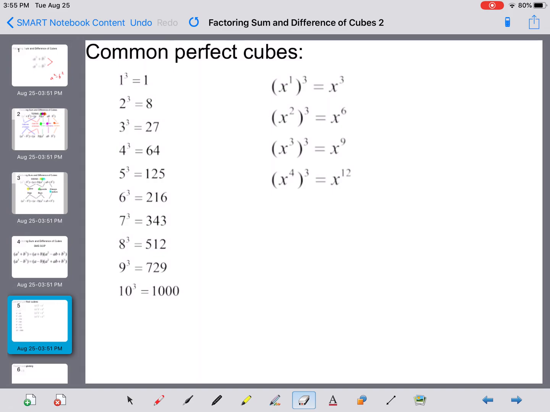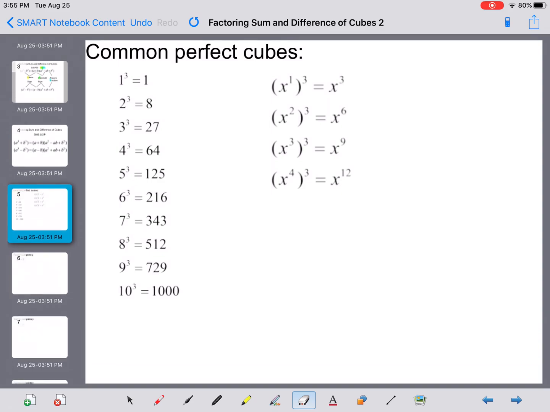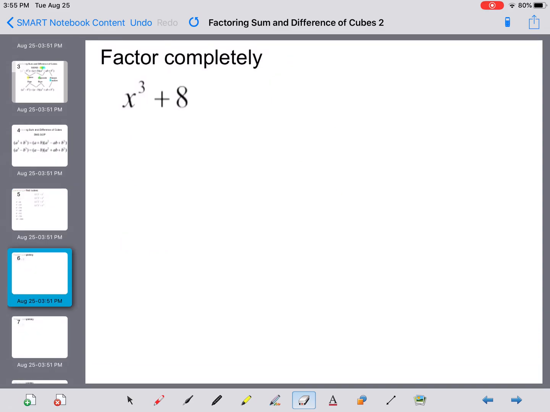X cubed is going to be x to the 9th. All of these are exponents that are multiples of 3. So any exponent that is a multiple of 3, that variable is a perfect cube, and you can reduce it down from there. If we are factoring these, we want to factor completely.